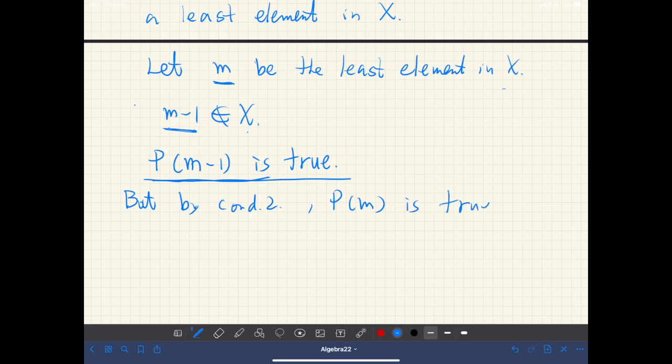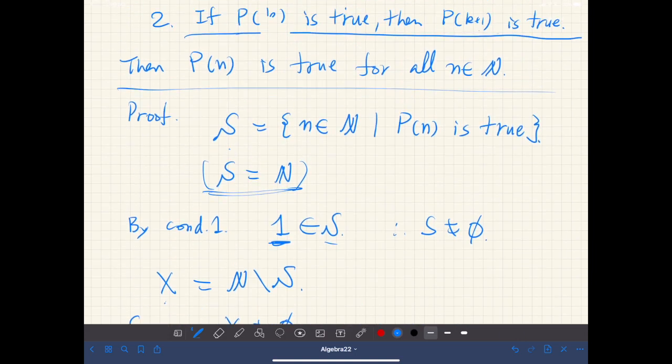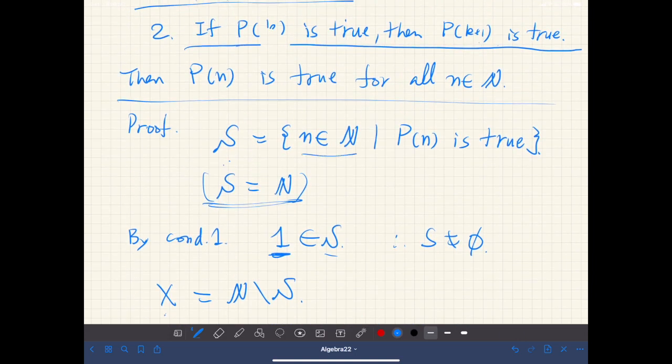Therefore, M must belong to S, right? Because S is the set of all natural numbers such that P of n is true.